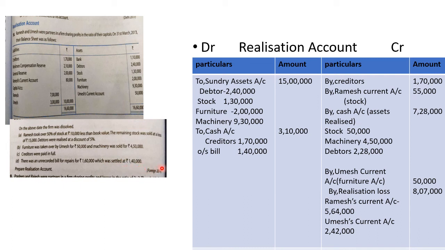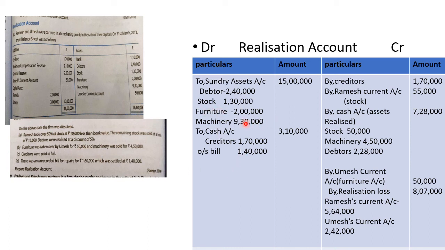So we had made the payment of the bill, 1,40,000. That is also a cash payment, so it will also be recorded as to cash. So total cash, how much we had paid? 3,10,000.